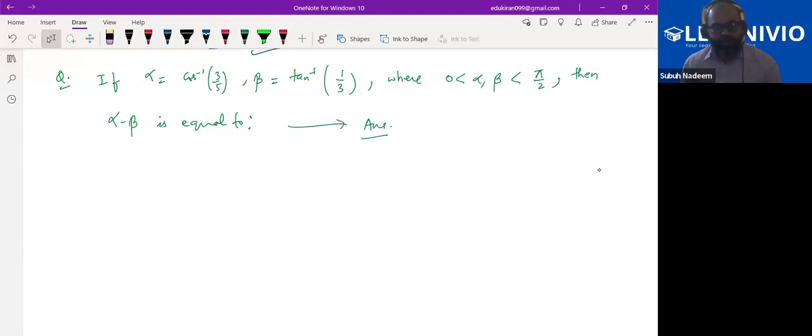Just try to prove this. Sine inverse 9 upon 5 root 10.